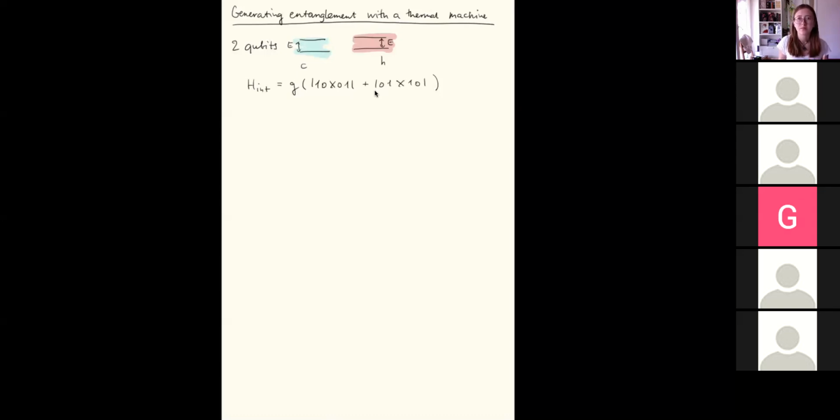So it's like, yes, it's coupled to the bath, and with some probability it can end up in a thermal state, but with some probability it will just stay as it is, also keeping intact the correlation between the qubits.